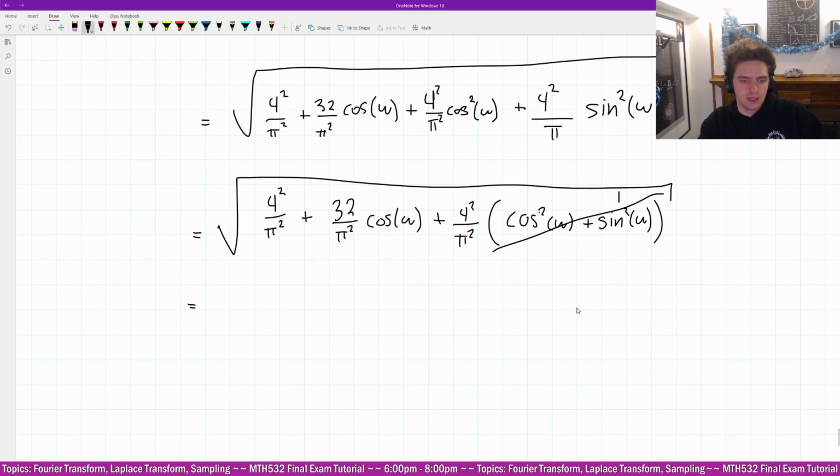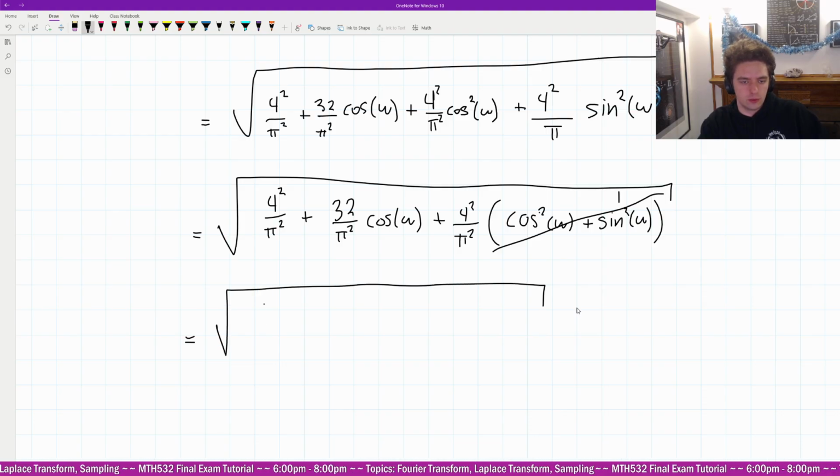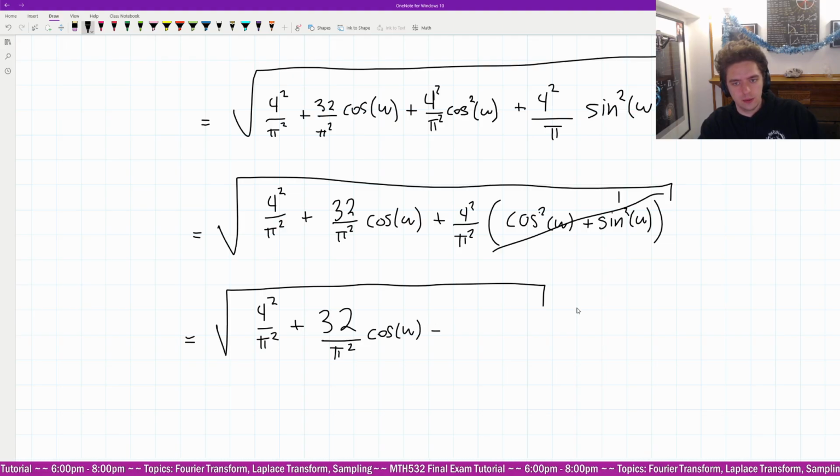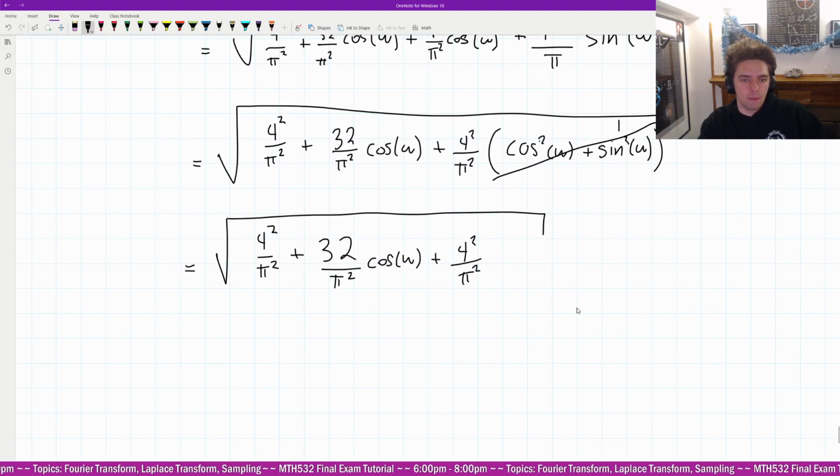So this is going to be the square root of 4 squared over pi squared plus 32 over pi squared cosine omega plus 4 squared over pi squared.